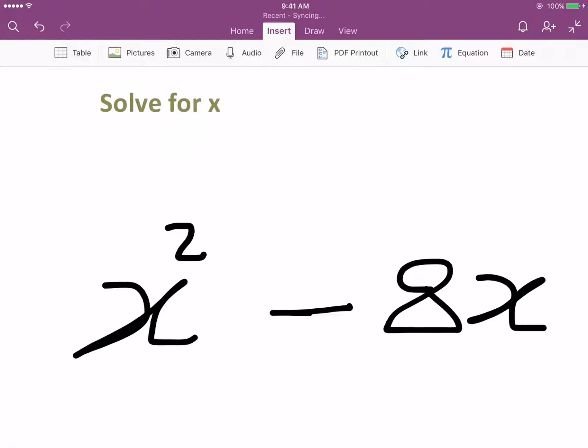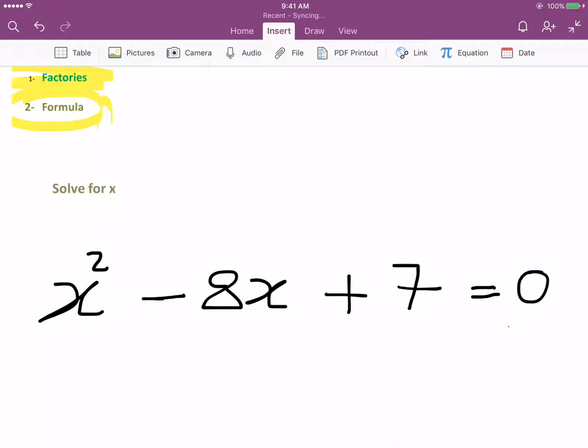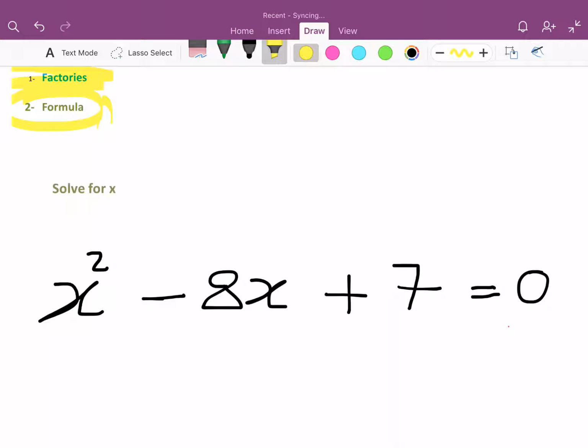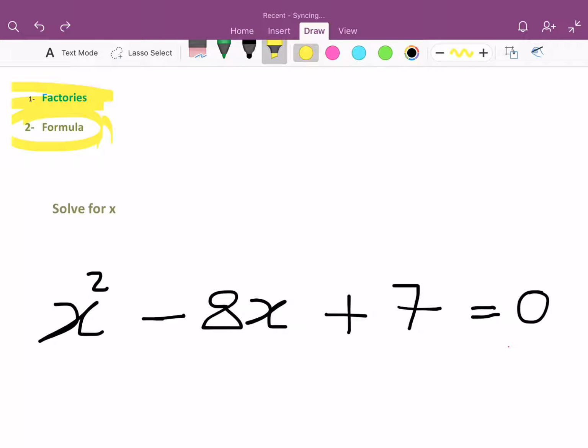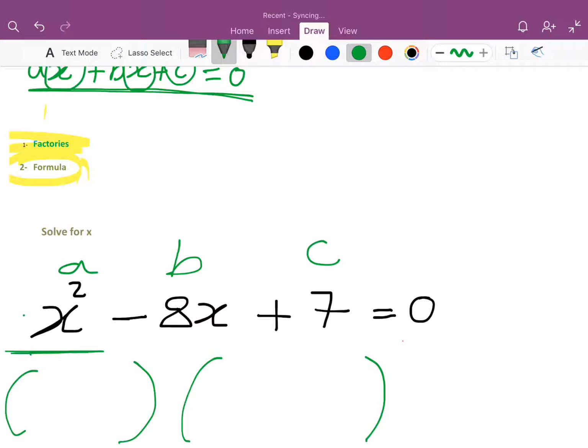For example, we have this equation and it asks you to solve it for x. So we want x. First of all, we will open two brackets because we have a, b and c, all of the three letters.